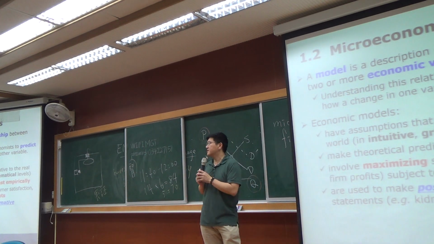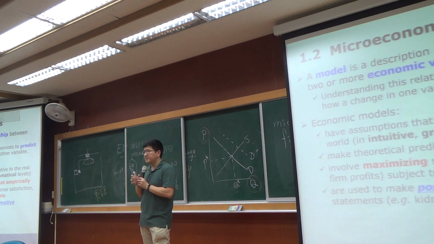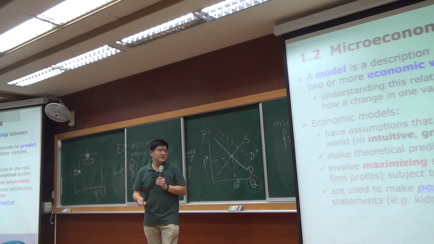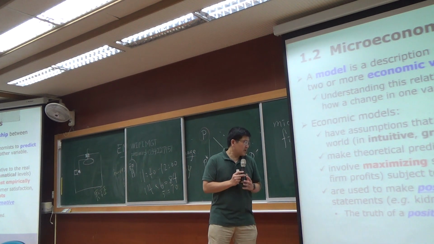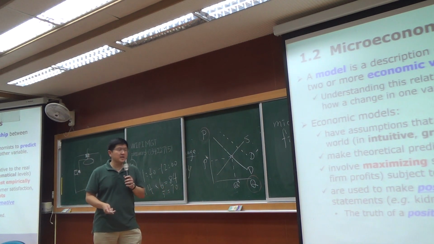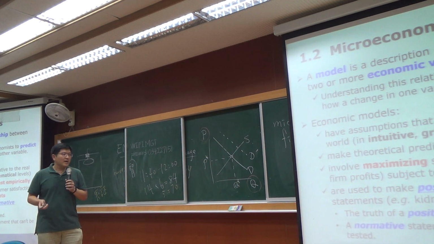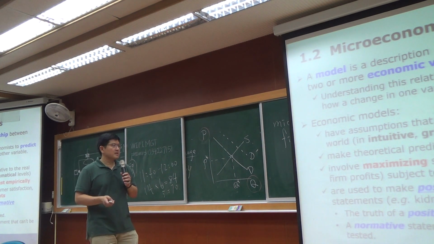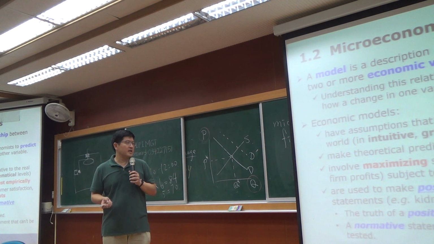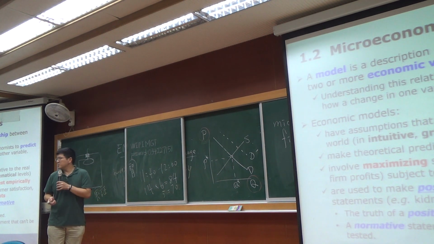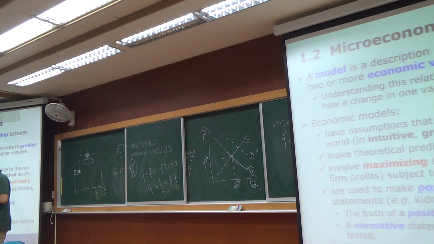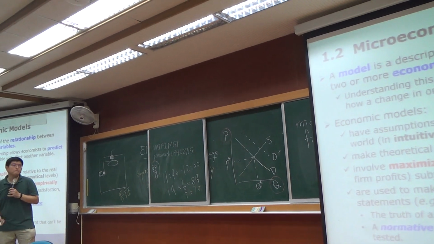Positive statements can be tested, okay? So the truth of a positive statement can be tested, while a normative statement contains a value judgment that cannot be tested. So you have to learn how to tell one from the other, okay?